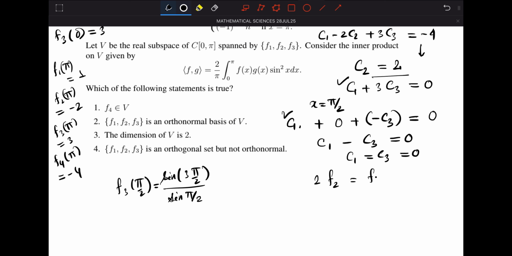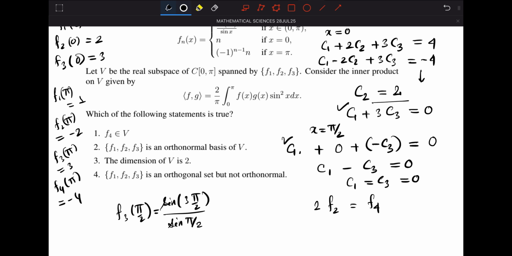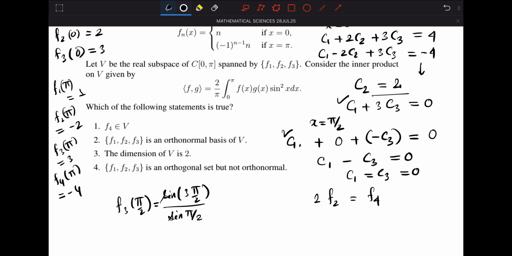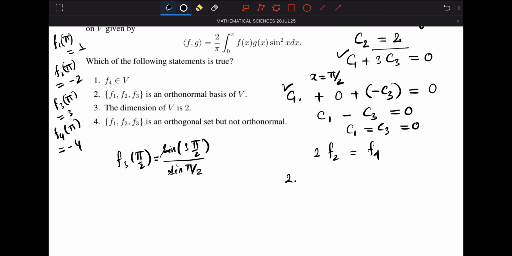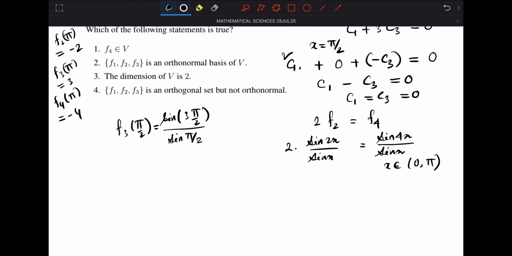So that means 2f2 equals f4, which is clearly not possible, right? So 2f2 equals f4 means sine 2x divided by sine x times 2 equals sine 4x divided by sine x when x is inside 0 to pi. Whenever x is inside 0 to pi, sine x is non-zero, so we can cancel it.